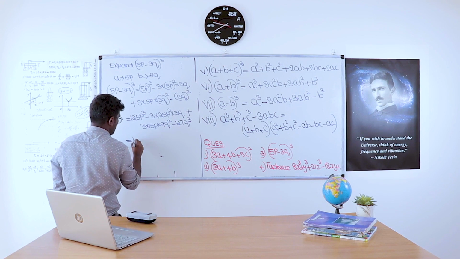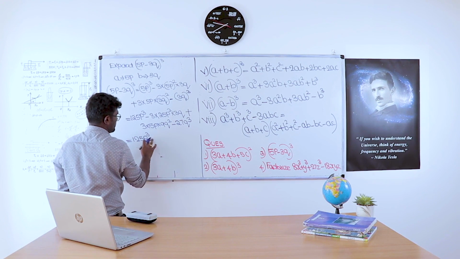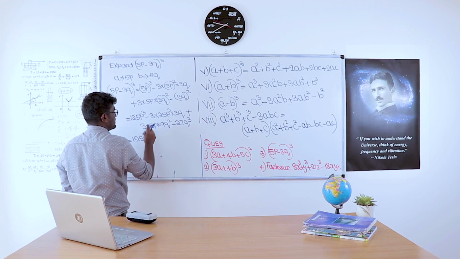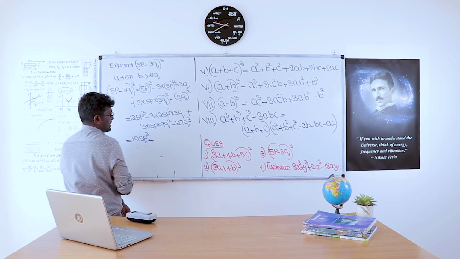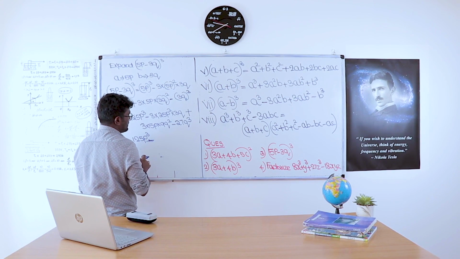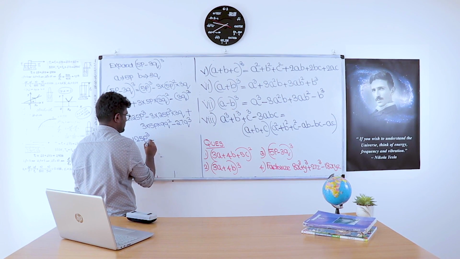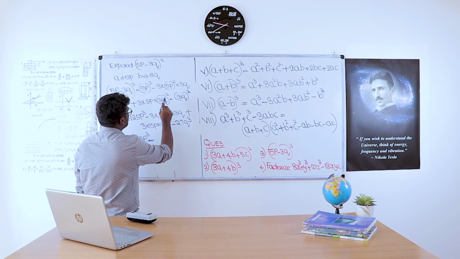That is equal to 125p cube minus 3 into 25, 75. 75 into 3: 70 into 3 is 210, 5 into 3 is 15. That is 225.